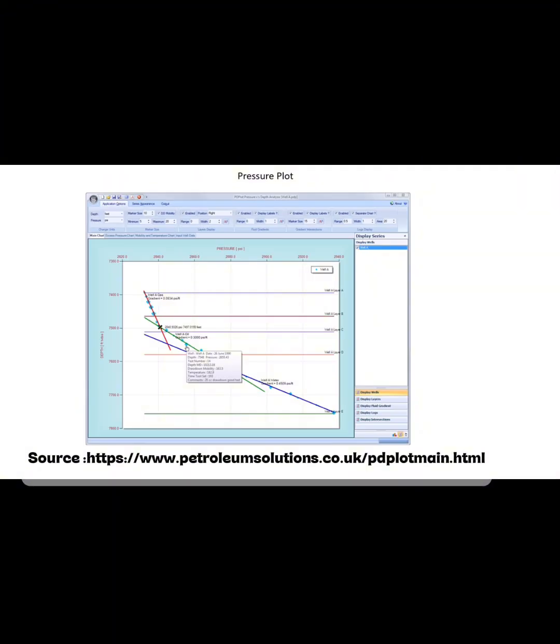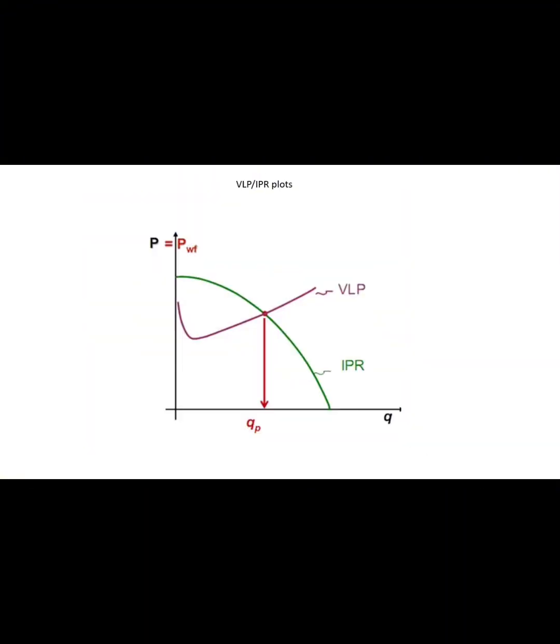Next up, we'll be looking at one last data set that we might be utilizing in cross-functional teams. All right, so this is another data set that is used. Typically, this is more of a production engineering thing. So here we have what we call the VLP IPR cross plot.